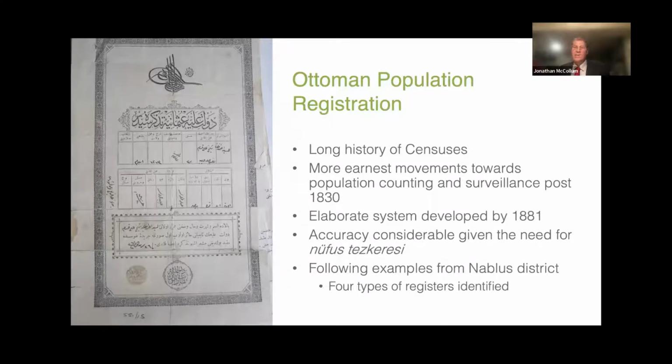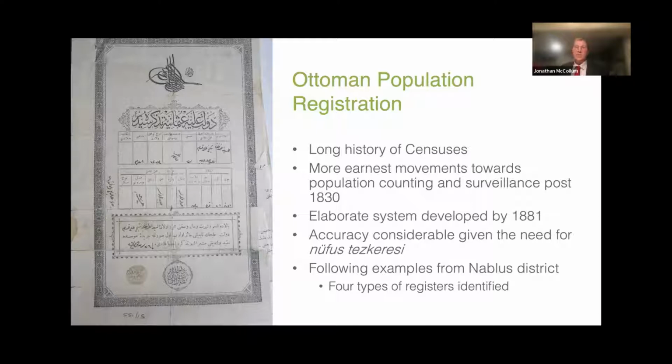Now, Ottoman population registration. Like most states and like any empire, the Ottoman Empire ran on paper, we say. It needed to be able to surveil its population because it needed to tax them, and it also needed to conscript them.